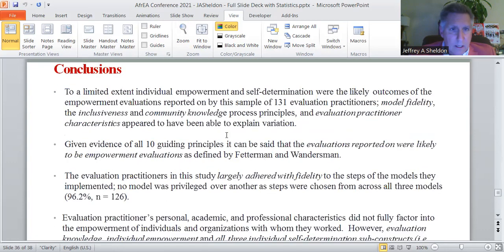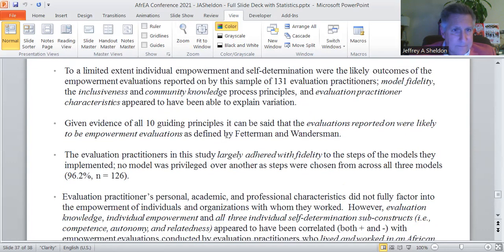Okay, conclusions. So here it is. To a limited extent, individual empowerment and self-determination were the likely outcomes of the empowerment evaluations reported on by this sample of 131 evaluation practitioners. Model fidelity, the inclusiveness and community knowledge process principles, and evaluation practitioner characteristics appear to have been able to explain variation.